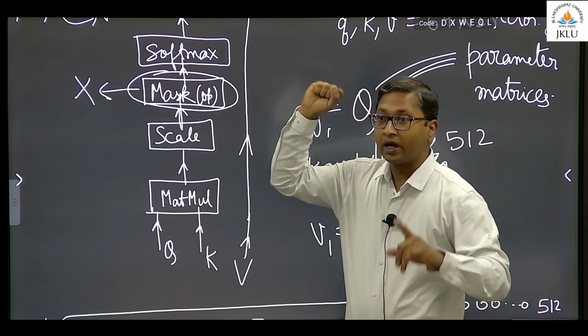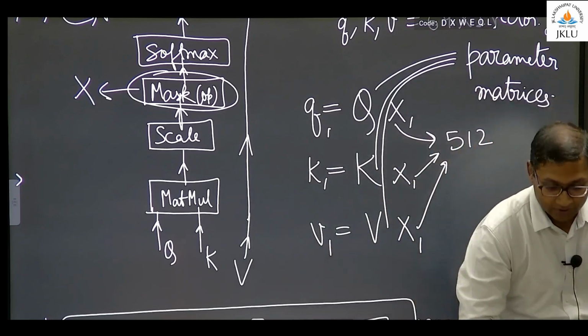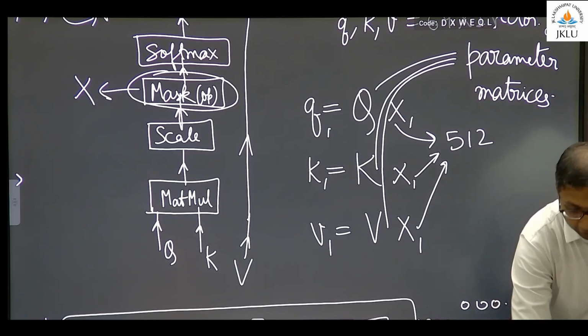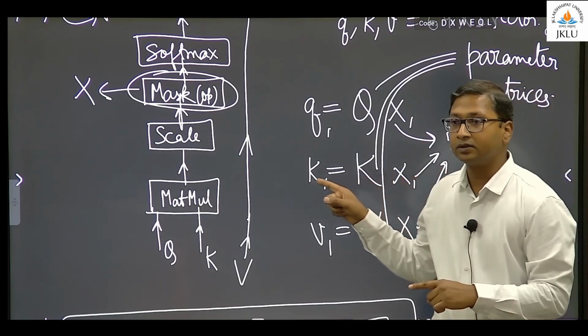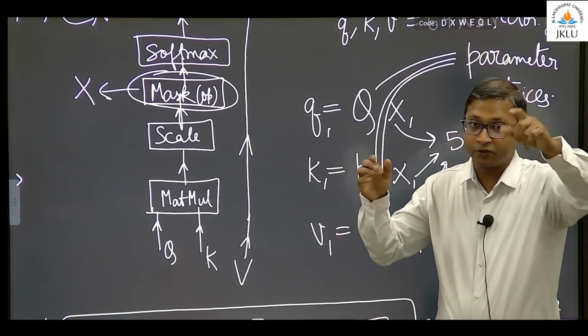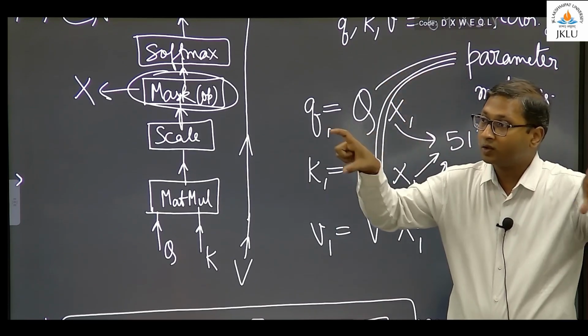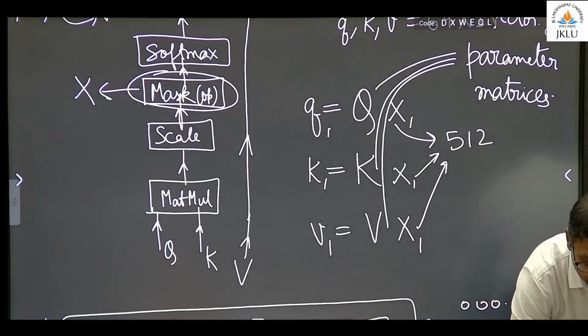Earlier, x2 processing was dependent on the processing of x1, so you had to wait. In the vertical direction it is still sequential. You can't go to encoder 2 without processing encoder 1, because that serves as input to the encoder.